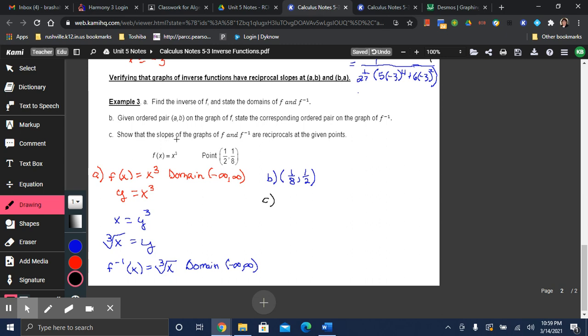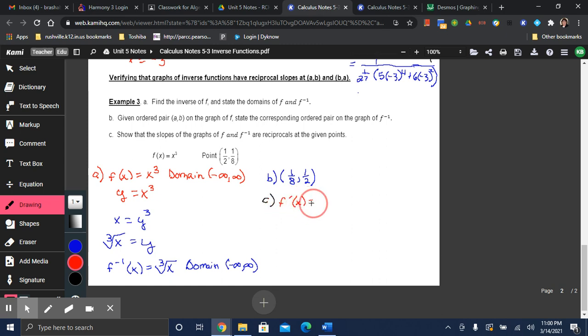For part C, we're going to show that the slopes of f and f inverse are reciprocals at the given points. So since we were able to find the inverse, we can just do both derivatives without having to use the theorem that we used in the previous problem. So I'll start with f of x and go to f prime of x.